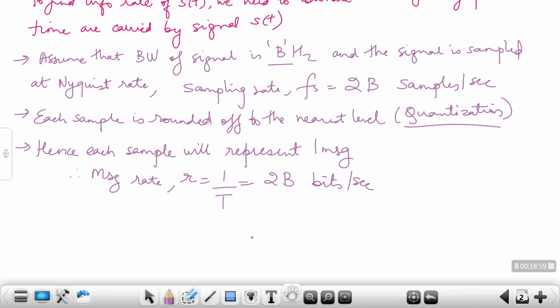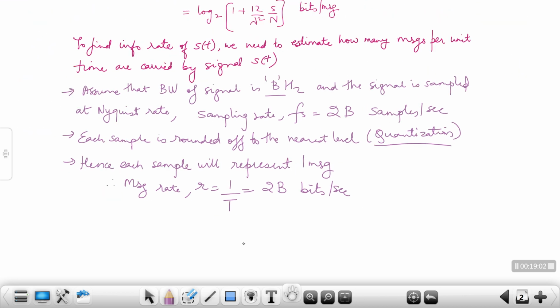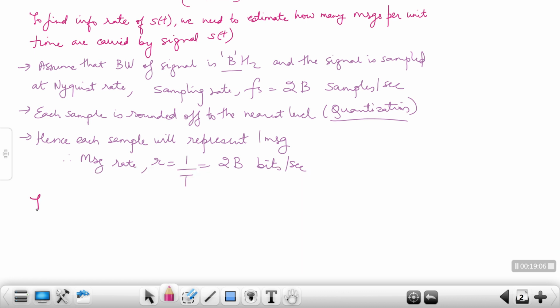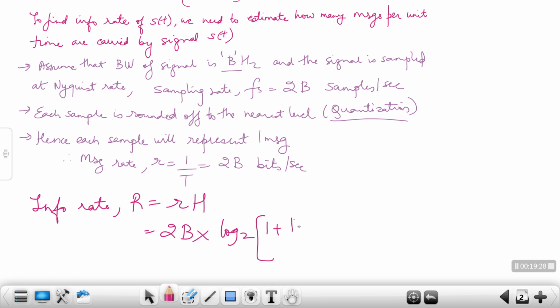So now from this message rate we can find the information rate. What is the equation to get the information rate? R into capital H, where r is nothing but twice B. H we have got from equation number 4. What is H? Log to the base 2 of 1 plus 12S upon lambda square N, raised to half.